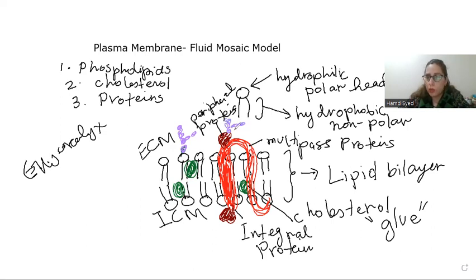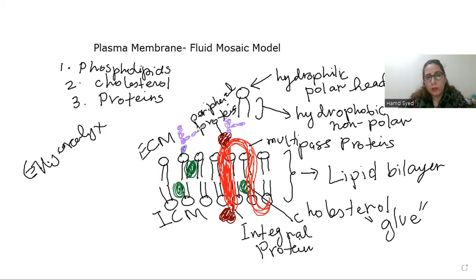These sugar chains, which are called glycolipids and glycoproteins respectively, form the glycocalyx on the outer aspect of the plasma membrane.